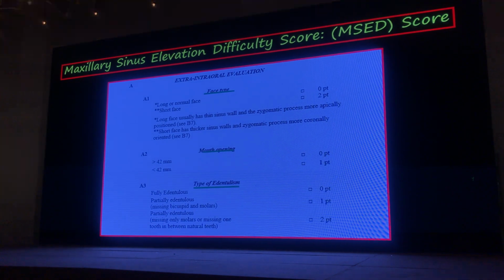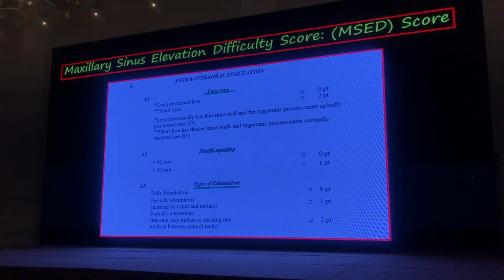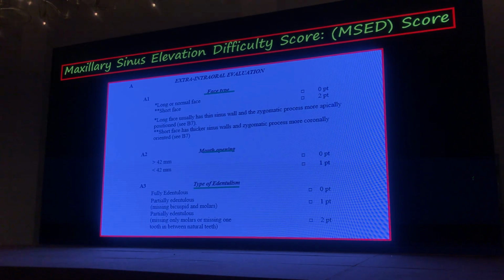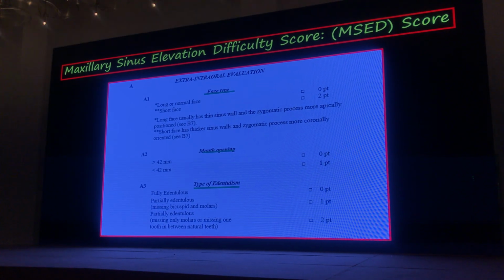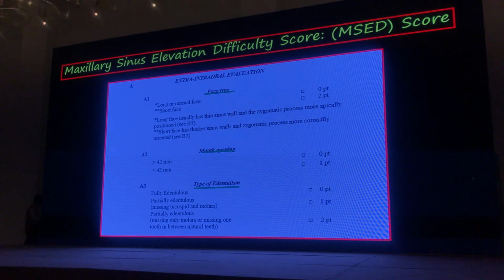So we look at different things. We look at the height of a patient's face. Do they have a tall face or a short face? Tall face, easier to work on than short face. Short face, maybe more muscles, less bone, very difficult to retract. So for those reasons, you get more points for short face.